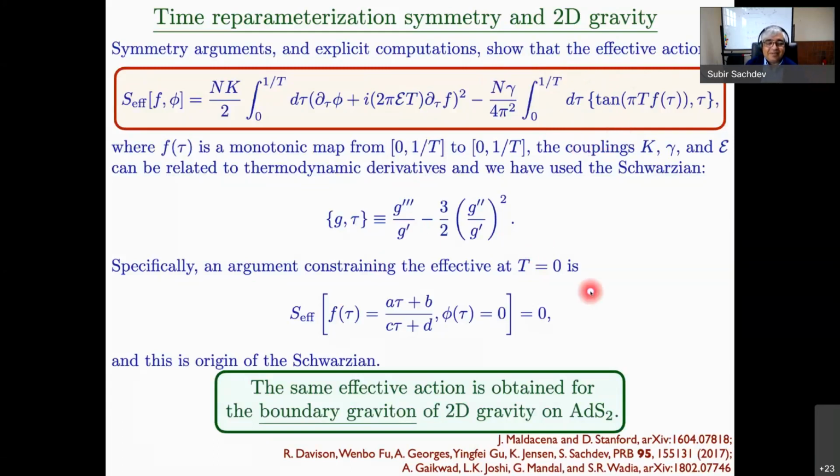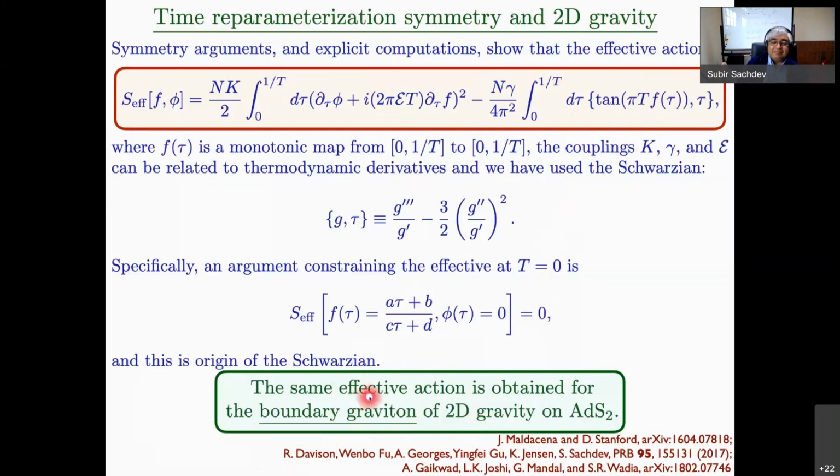If you haven't seen this before, that was way too much, but hopefully you got the general idea that you can take the path integral of the SYK model and write its low energy fluctuations in terms of an effective action for time reparameterizations. Now, the remarkable thing is that the same effective action also appears in various theories of gravity, especially certain theories of 2D gravity, where you can think of this reparameterization as representing a boundary graviton.